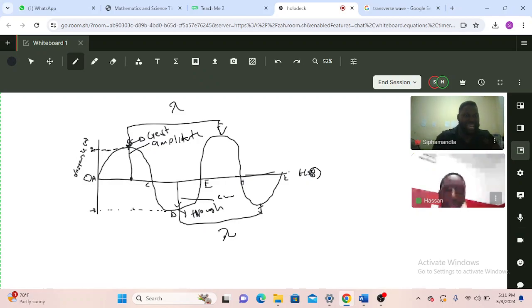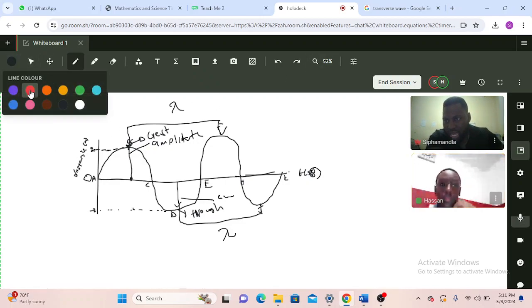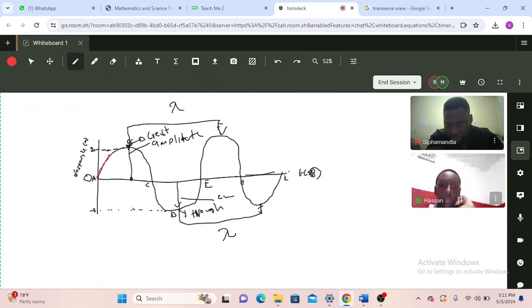It is also the distance it takes to complete one full cycle. How can you see one full cycle? One full cycle is made up of a crest and a trough. So here the one full cycle would be this. That is one completed cycle.